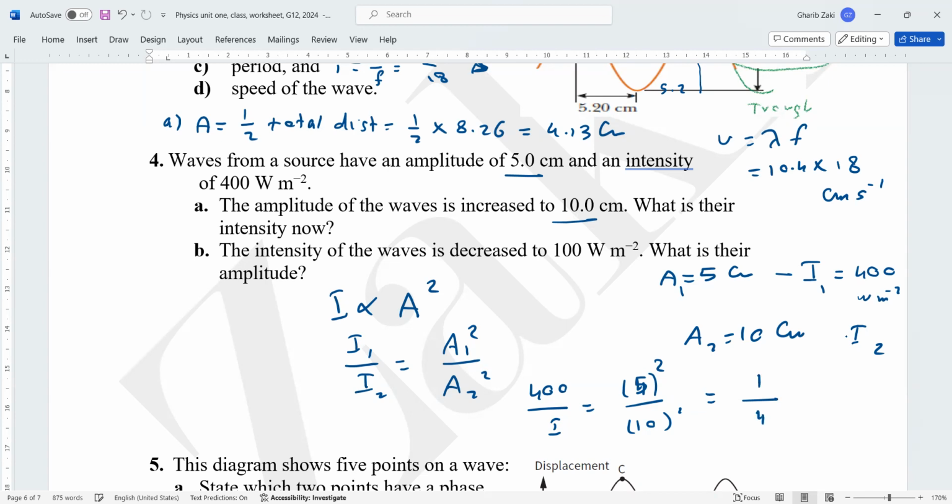When we do cross multiplication, the intensity is 4 times 400. It is 1600. The unit is watt per meter squared.